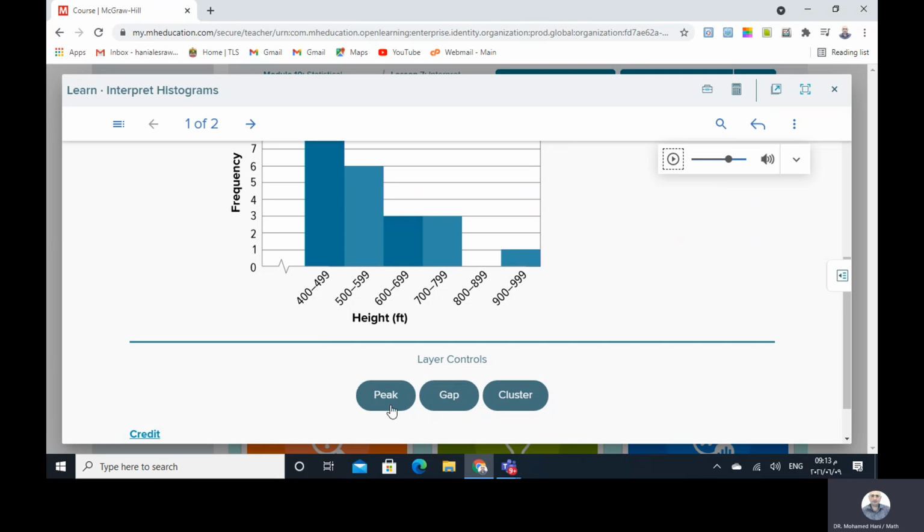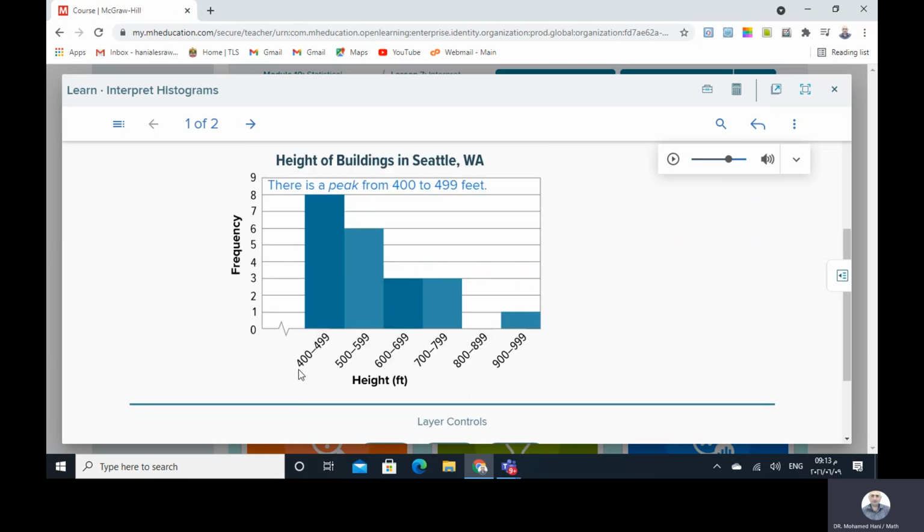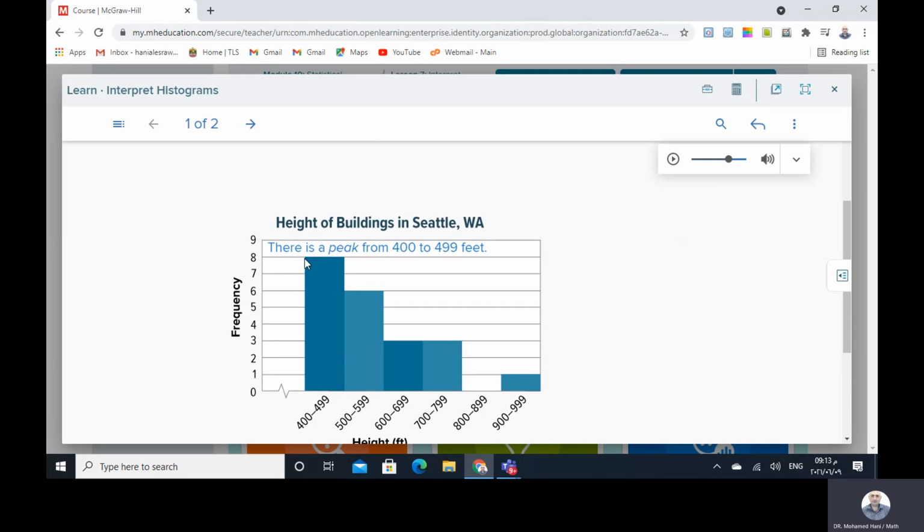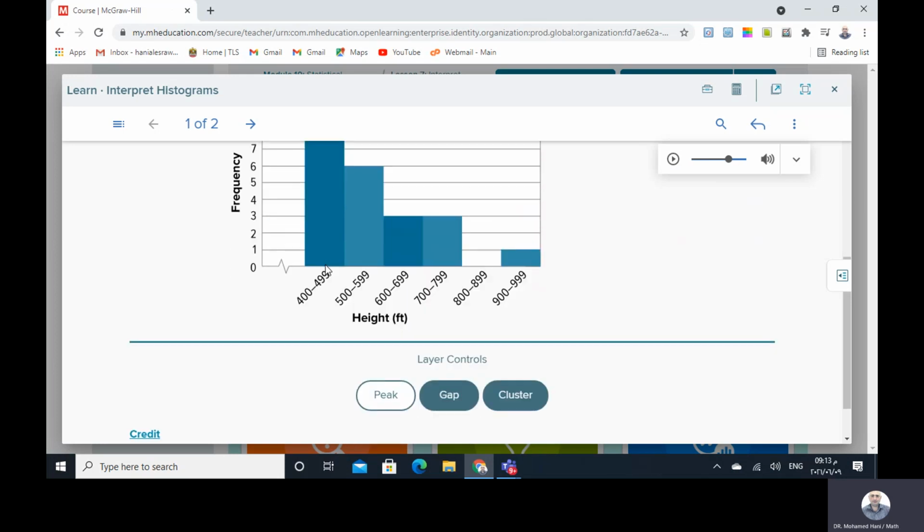Listen, please. What's the meaning of the peak? There is a peak from 400 to 499 feet here. The most frequent, the taller one. The taller one means the peak. What's the meaning of the gap? The gap means there is a gap from 800 to 899.